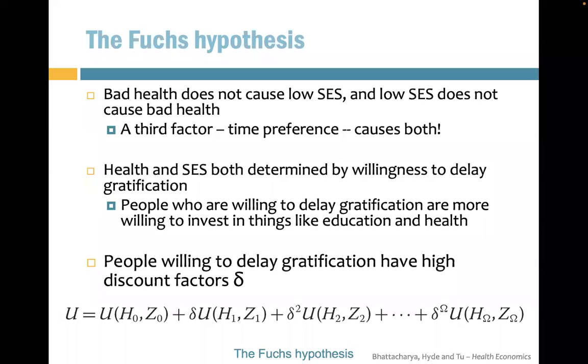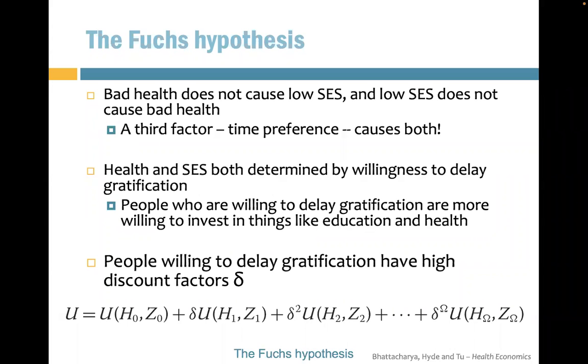And this is something that has an effect on both our education and our health. For example, if we are patient, we are willing to sacrifice today's earning for tomorrow's, then we're willing to go to school today instead of going to work at a Starbucks, and we are willing to learn more so that tomorrow we can earn more money.